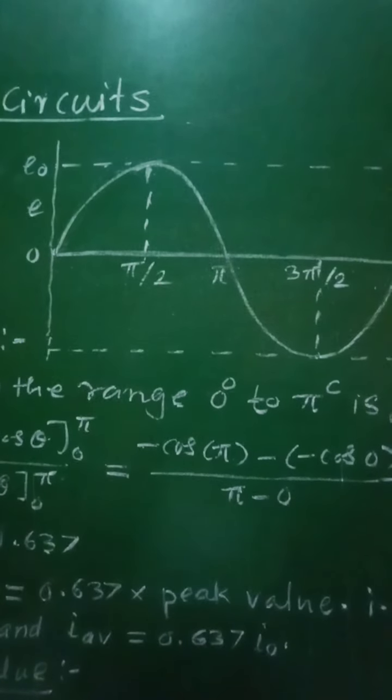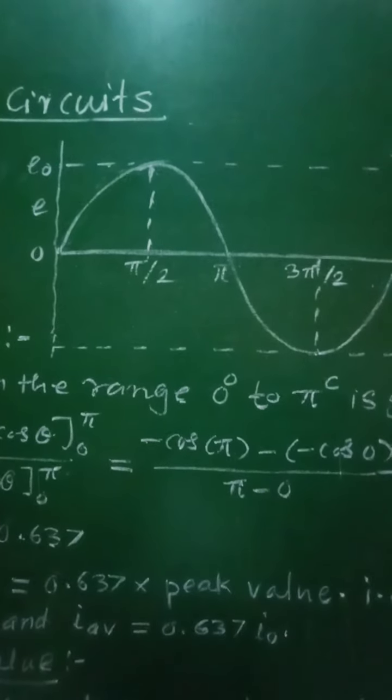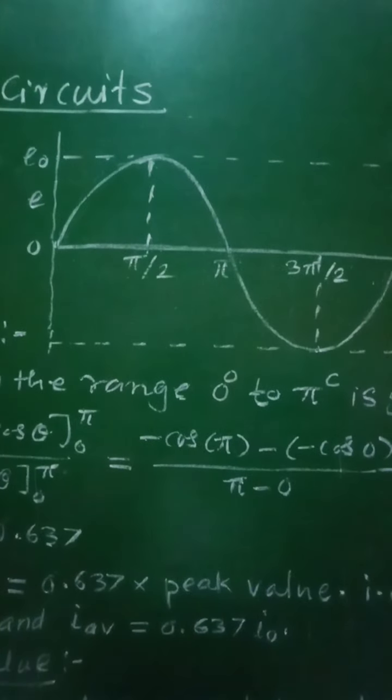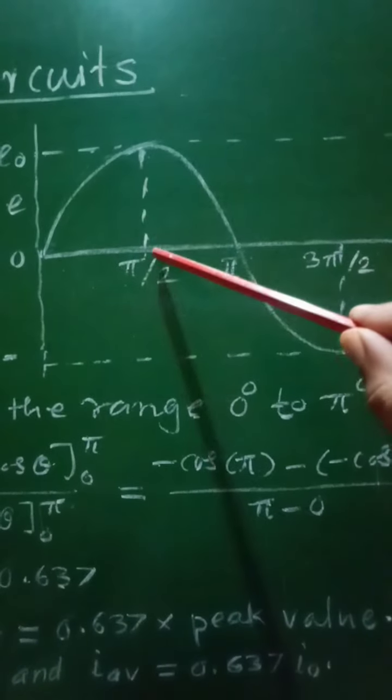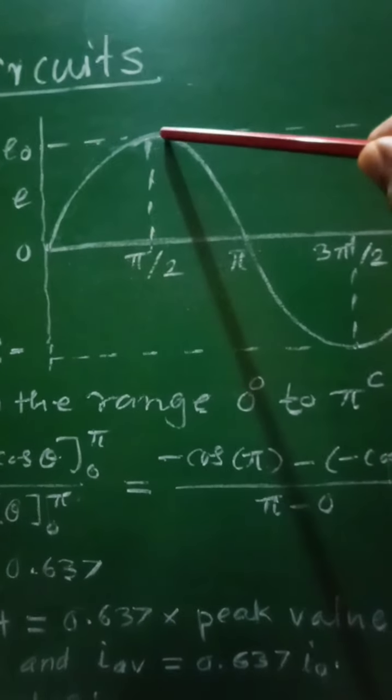and therefore from this graph it is clear that the direction of EMF is reversed after every half revolution of the coil. So if you consider this half revolution, for this half revolution EMF is towards positive side.